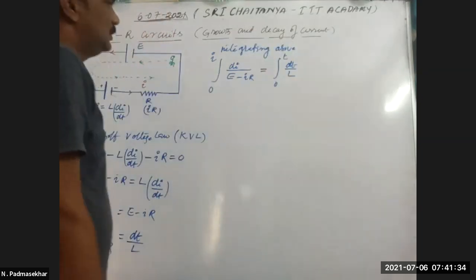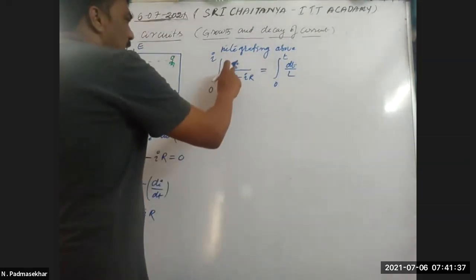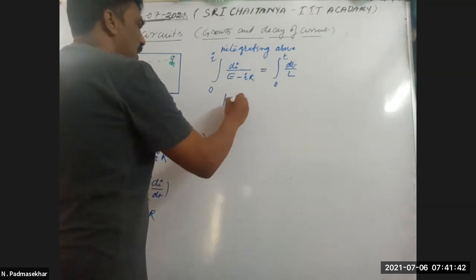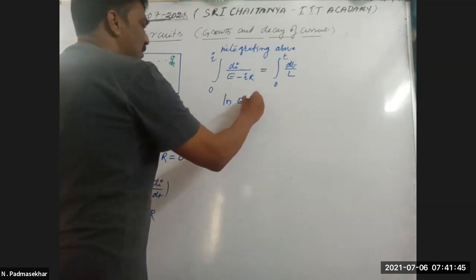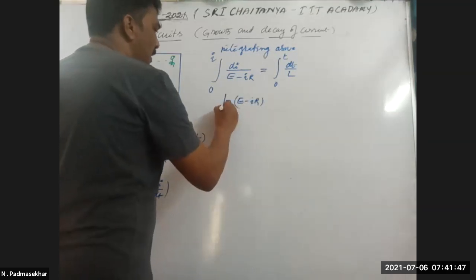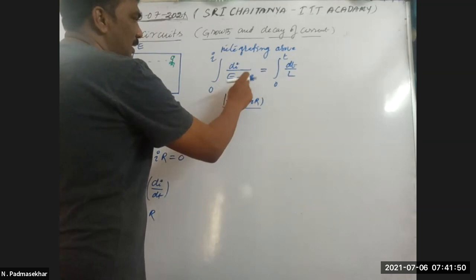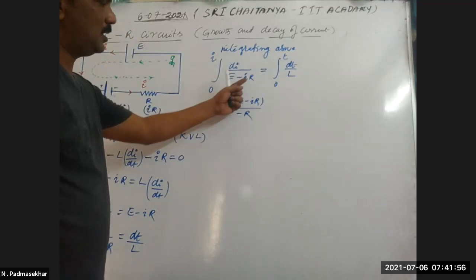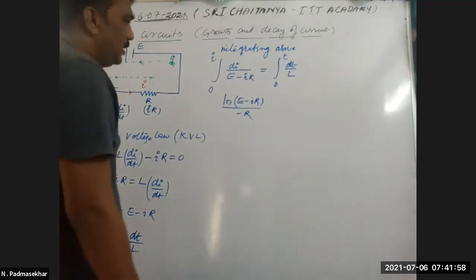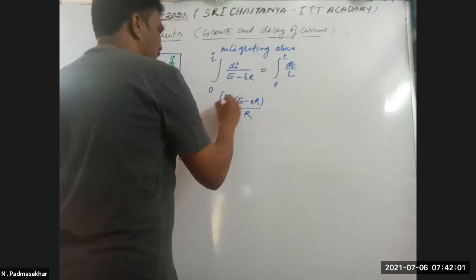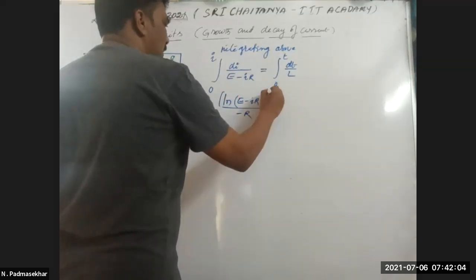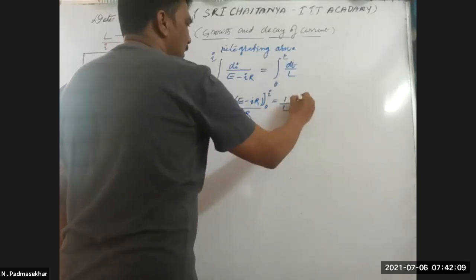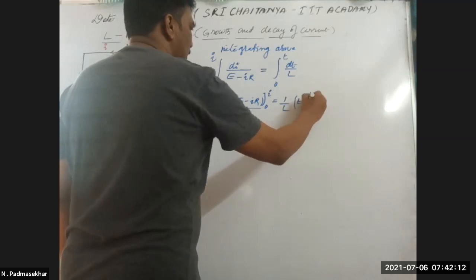The integration of di by E minus IR is ln of E minus IR divided by minus R, since R is a constant and the term is minus IR. So from 0 to I, this is equal to 1 by L integral of dt, which is t, from 0 to t.